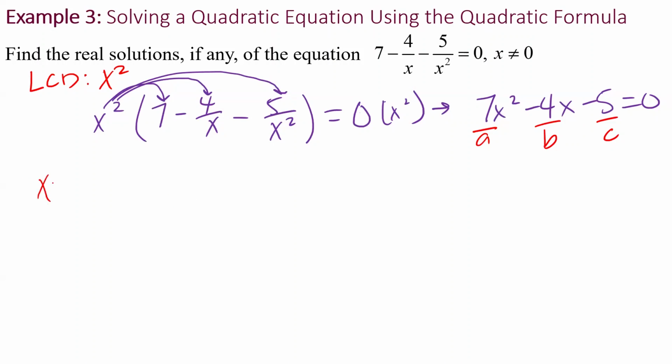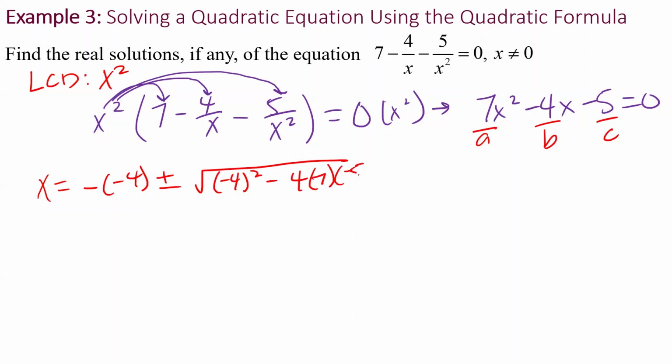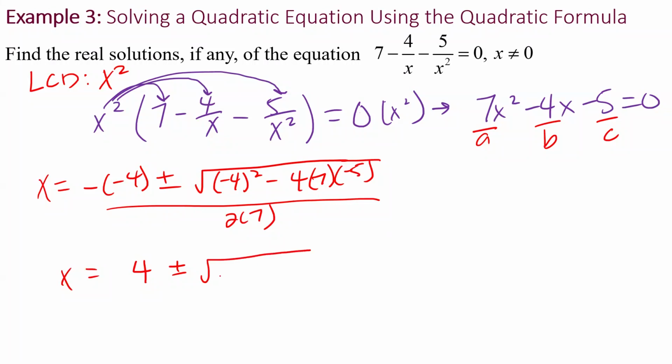So your setup, x equals negative b plus or minus the square root of b squared minus 4ac divided by 2a. Yes? So we get x equals 4 plus or minus the square root of 16 plus 140 divided by 14.